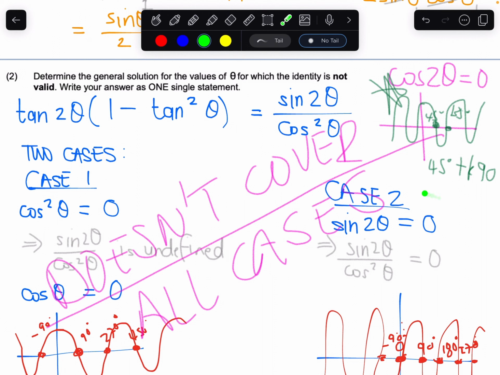So 45 plus k90 would touch alternate multiples of 45, right? Because it would be 45, 135, 135 plus 90 is 225, right? So it skipped 90, it skipped 180, it's going to skip 270 and go to 315, right?